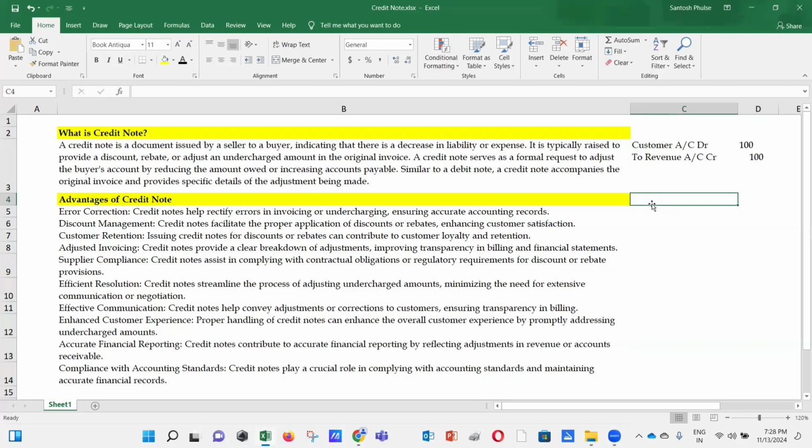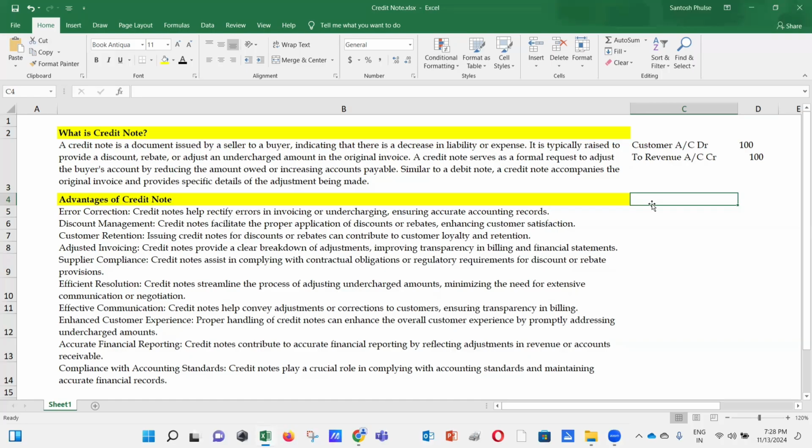The customer mentioned that this invoice is incorrect, as per the final confirmation the price for that service is 90 rupees and not 100 rupees. The invoice is already raised and processed, so we have to provide a credit note to the customer.